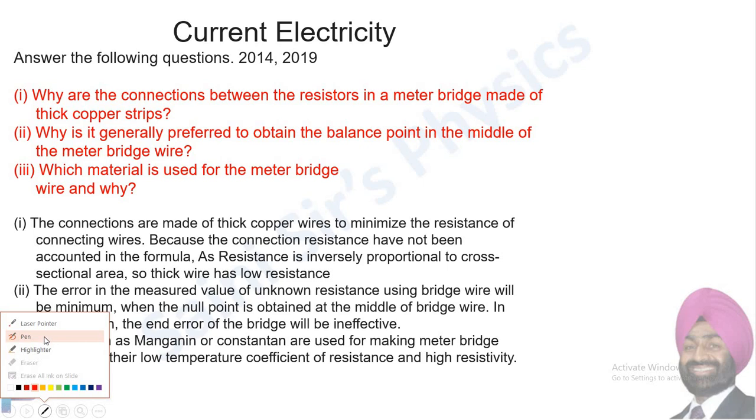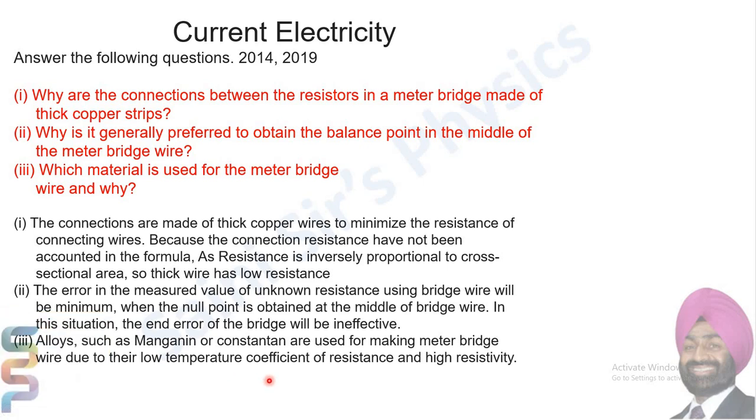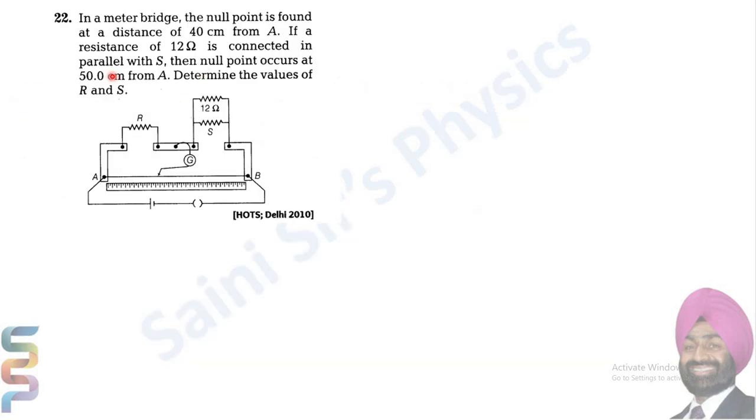As a result, if the wire gets heated up due to the current flowing in the wire, due to increase in temperature, resistance or resistivity doesn't change appreciably. So that is the reason why we should use manganese or Constantan, whose resistance doesn't increase appreciably with increase in temperature.